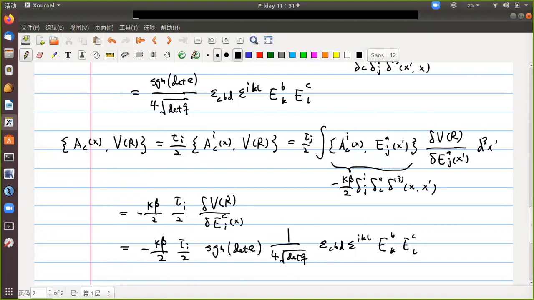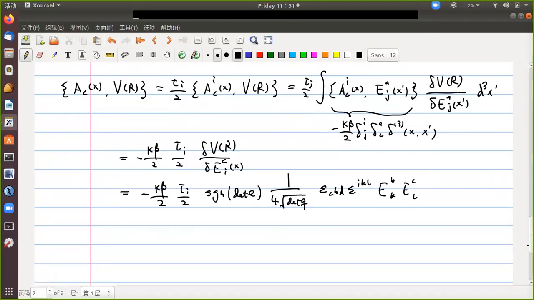Okay, now I can use the commutator to replace these parts, and also together with this matrix. Okay.